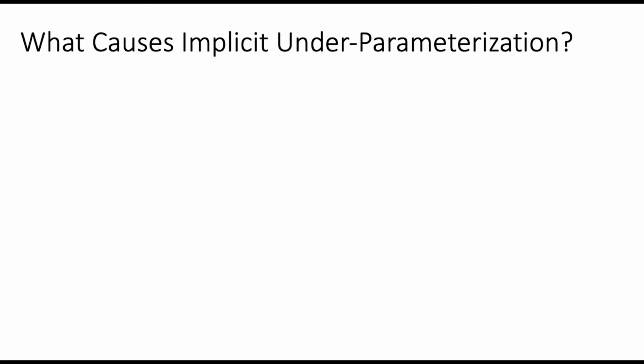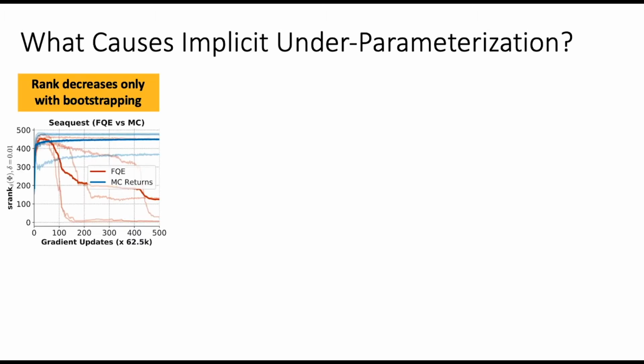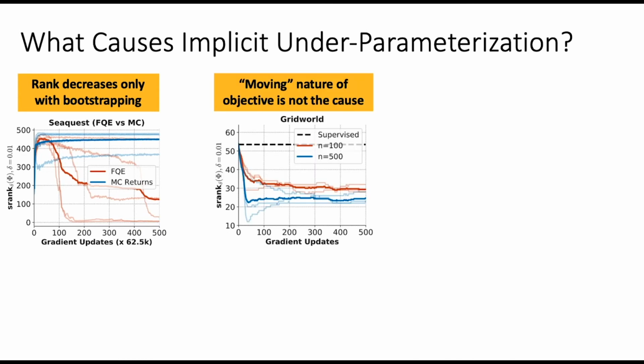Okay, so next we'll talk about what the causes behind implicit under-parameterization are. To answer this question, we performed a series of controlled experiments that I'll discuss next. First, we observed that rank only decreases and collapses when bootstrapping is used. If we avoid bootstrapping, for example, by using Monte Carlo returns for training the Q function, rank does not decrease. Second, we ran an experiment where we reinitialize the Q function periodically during training.